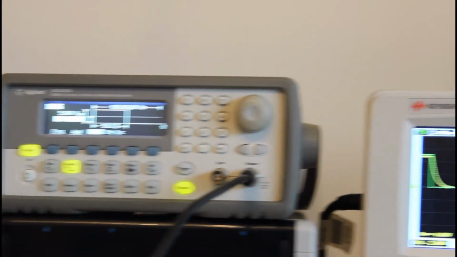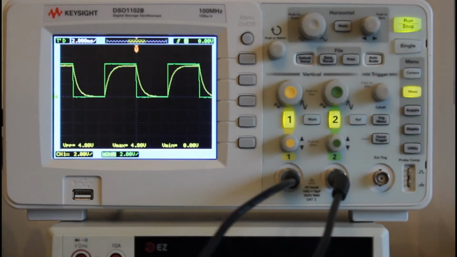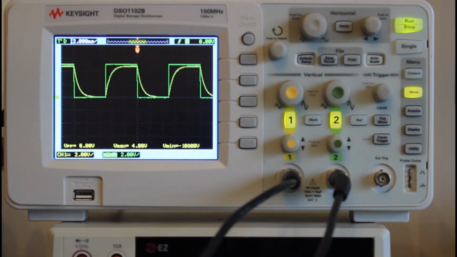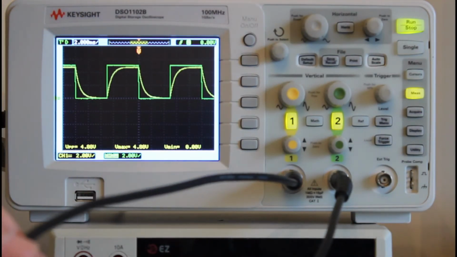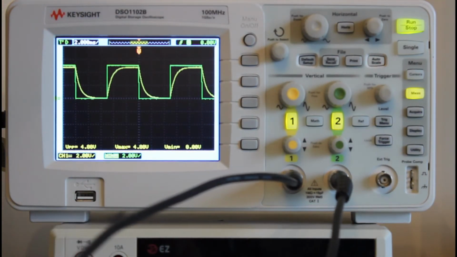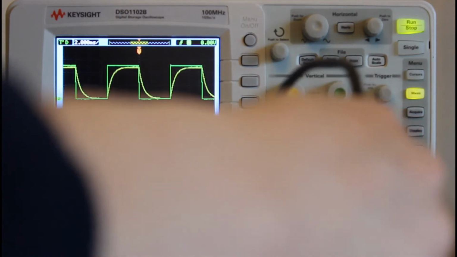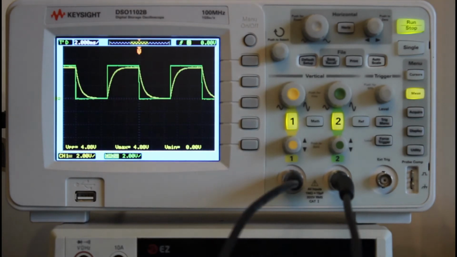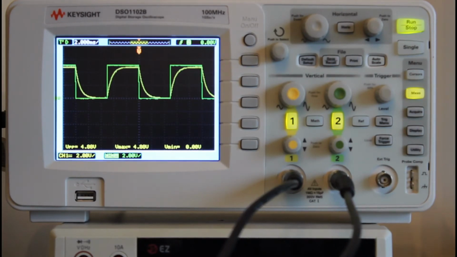Let's take a look at the oscilloscope. Remember that in the previous circuit we built, channel 1 of the oscilloscope is connected to the output of the circuit, and channel 2 is connected to the function generator output, which is the input of the circuit.